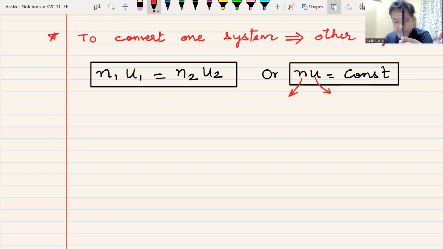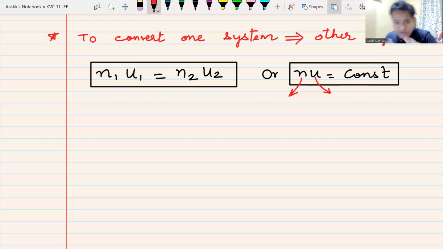This pen, I may call this length as 10 centimeters. 10 is the numerical value, centimeters is the unit. Either I can call it 10 centimeters or I can also call it 0.1 meters. Doesn't matter. 0.1 becomes the numerical value. M becomes the unit.